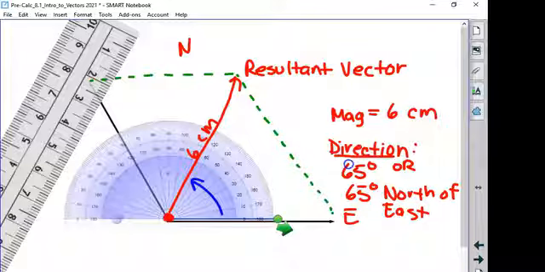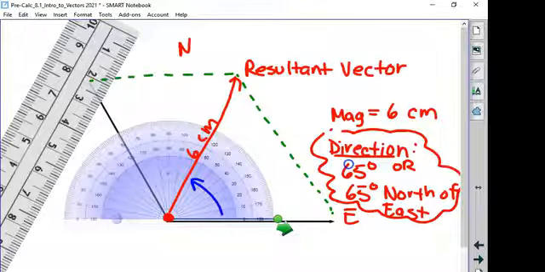Now, another thing we could actually say for this, if I want to give it one more, 90 minus 65 is 25. I also could have said 25 degrees east of north.